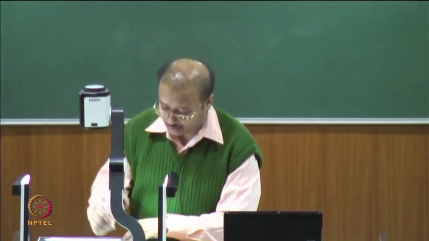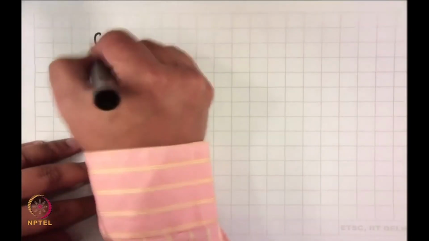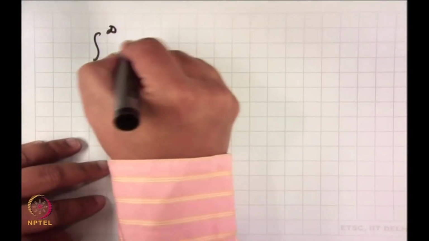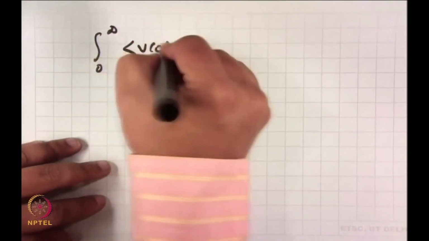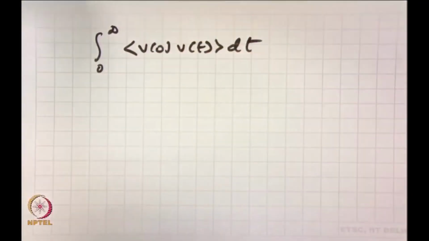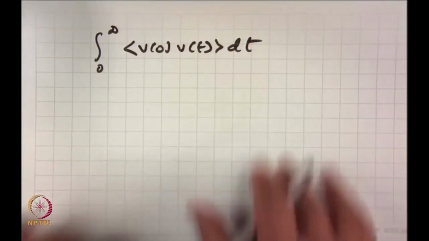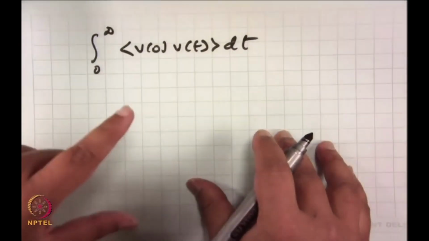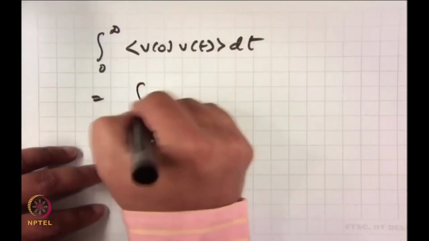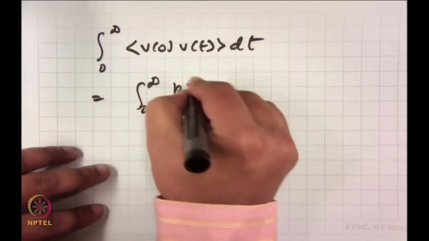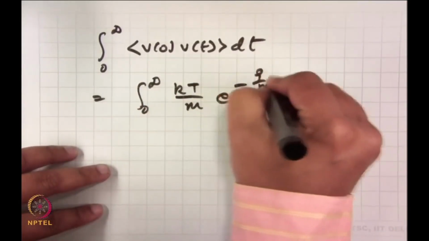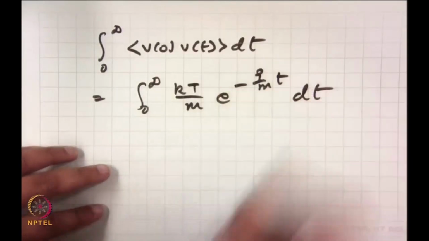Now, if you do a small integral, say 0 to infinity, of v of 0 times v of t, d t. Now, what should I get? Because I know the functional form of this, I can write the integral from 0 to infinity of k T over m e to the power minus xi by m t d t.